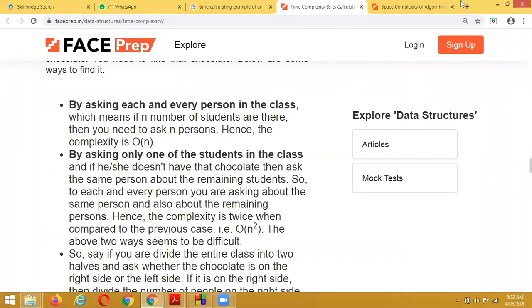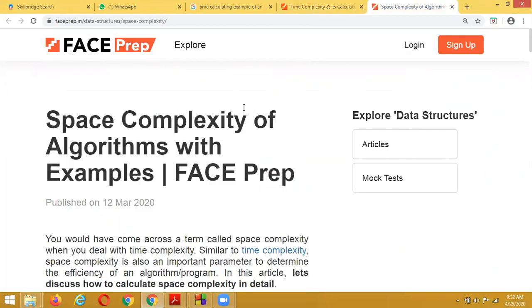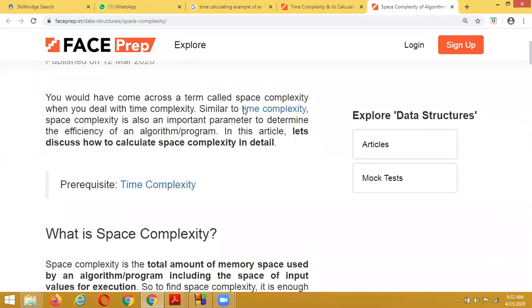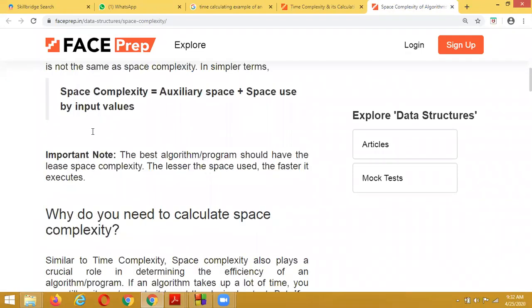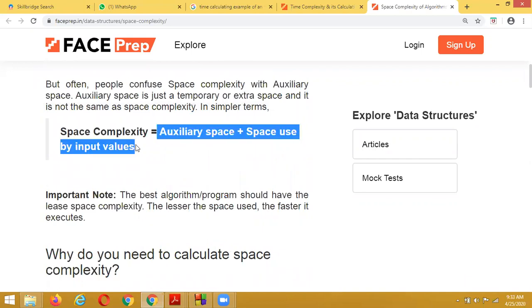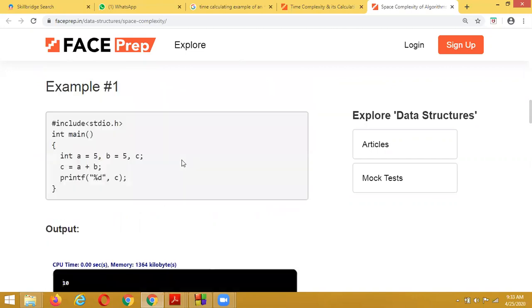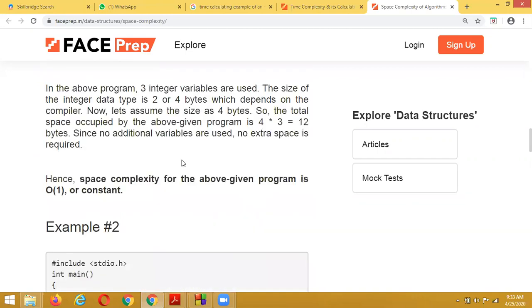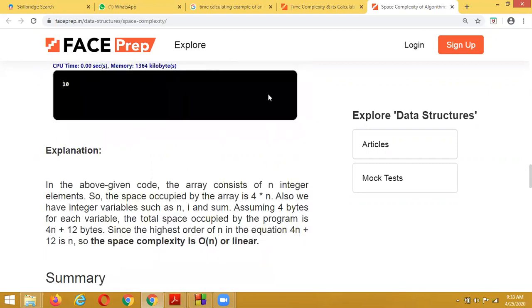Space complexity is given by one formula: auxiliary space plus space used by the input values. This is all about space complexity: how much space is going to be occupied.